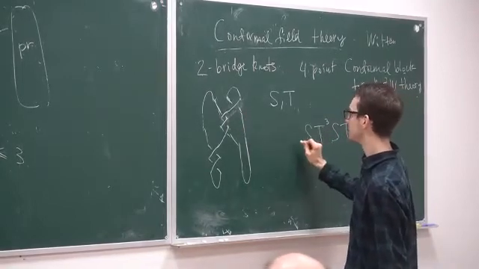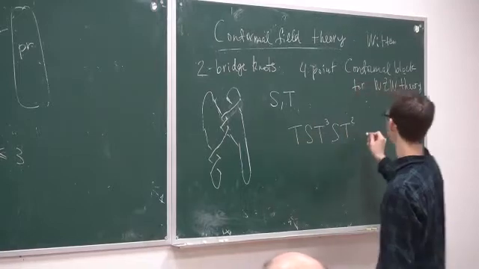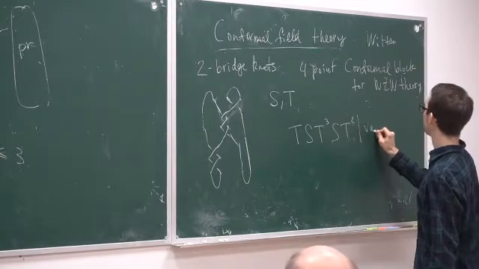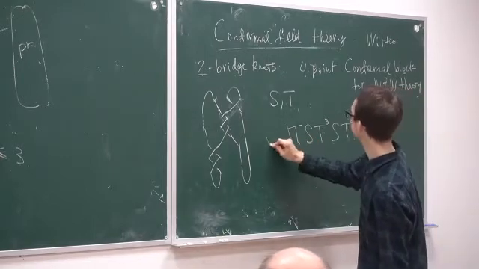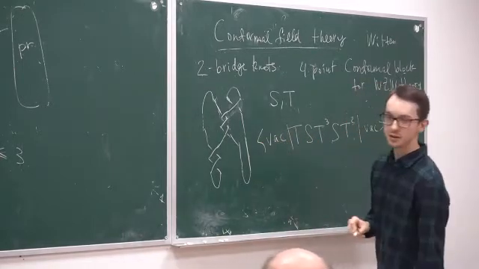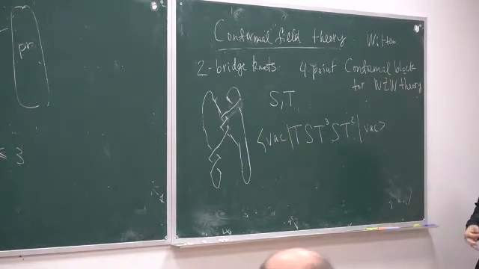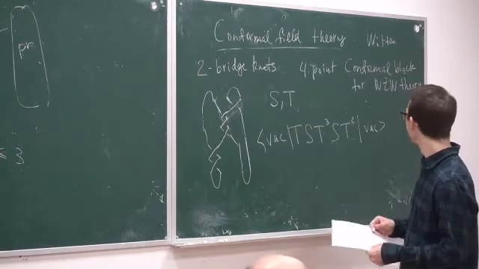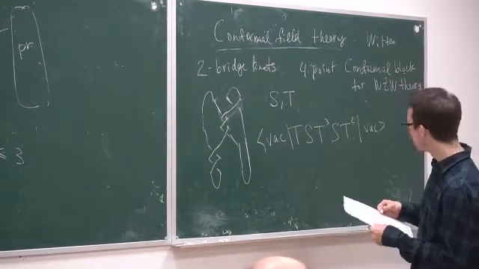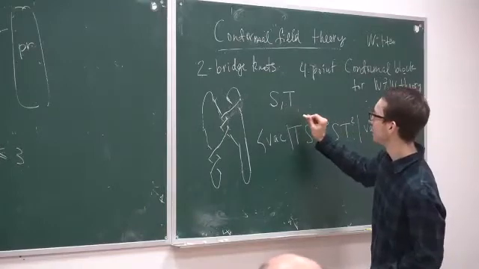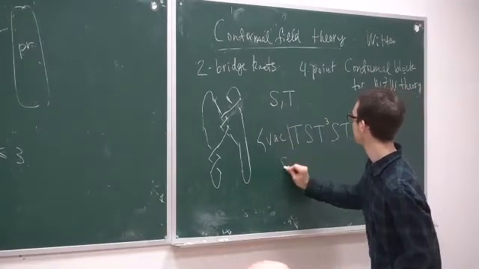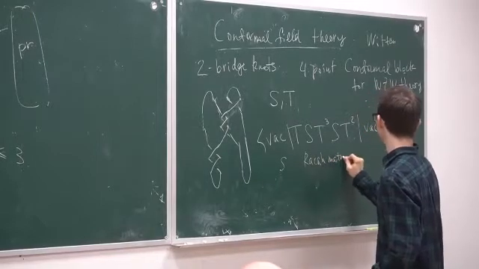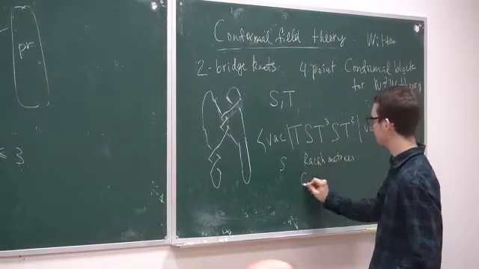Then again S. Then T. And take the matrix element of this between vectors. And these S matrices are known as Racah matrices or 6j symbols.